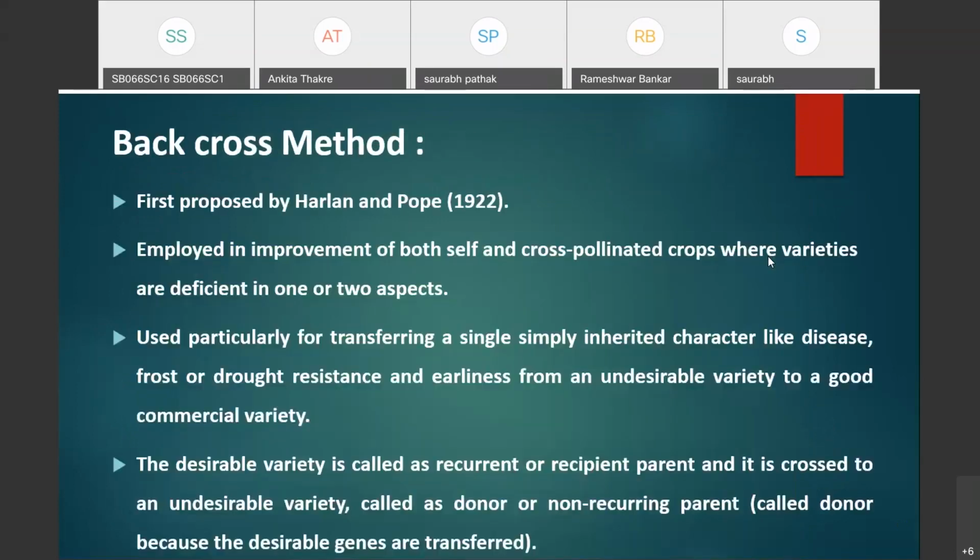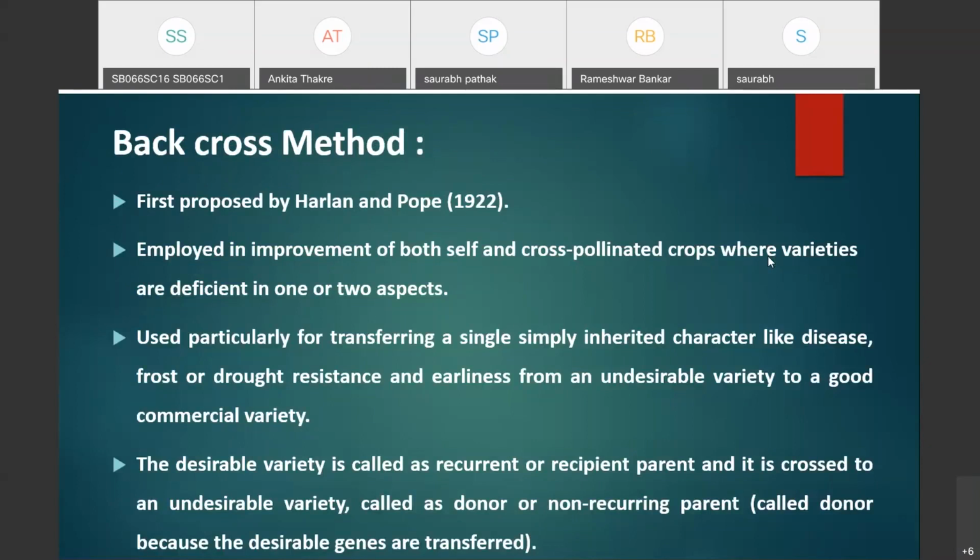Backcross method. It was proposed for the first time by Harlan and Pope in 1922.